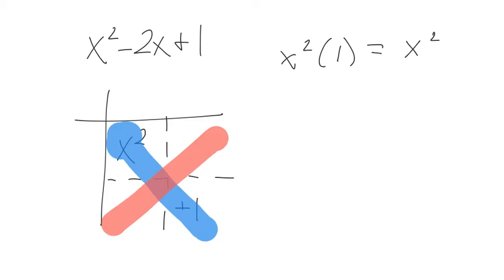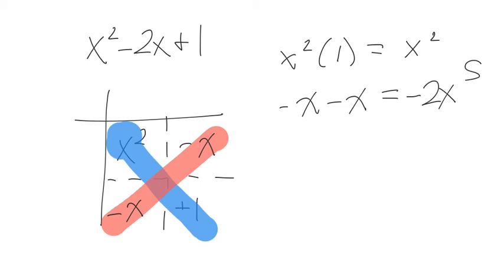So what I might put here is negative 1x and negative 1x again. So I have to ask myself, is this right? Well, let's see. I know that negative x minus x equals negative 2x. So I've got my sum, s for sum, that's taken care of.